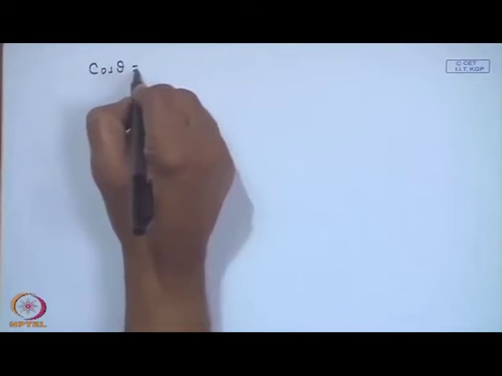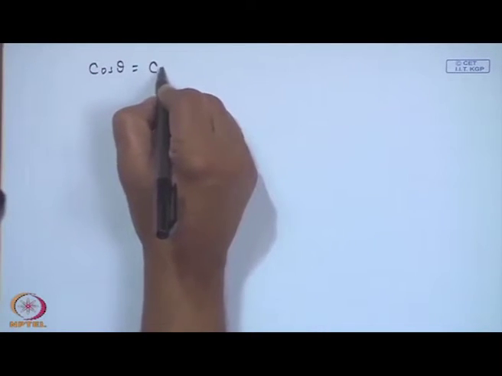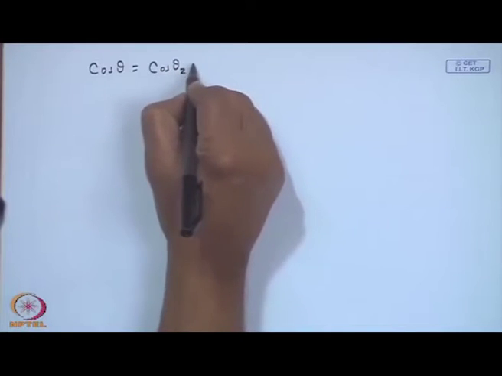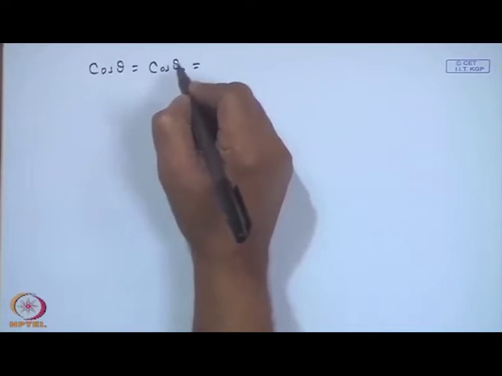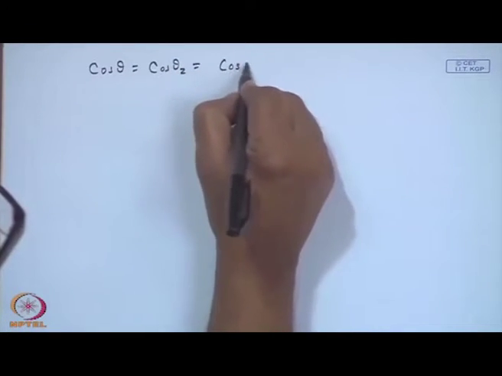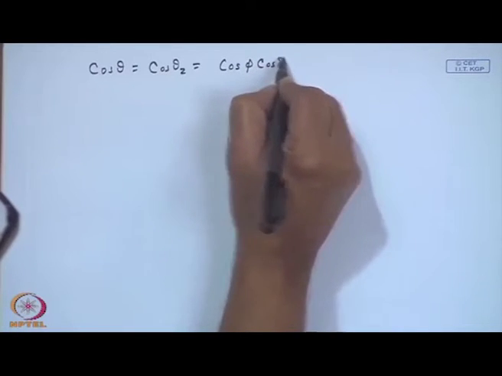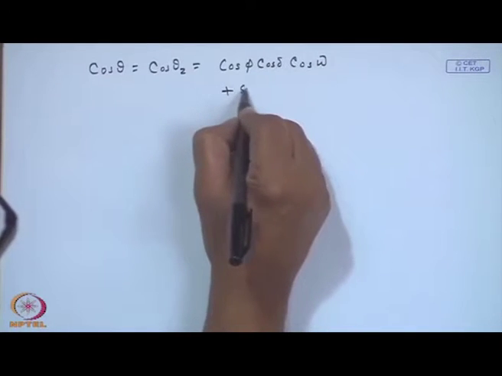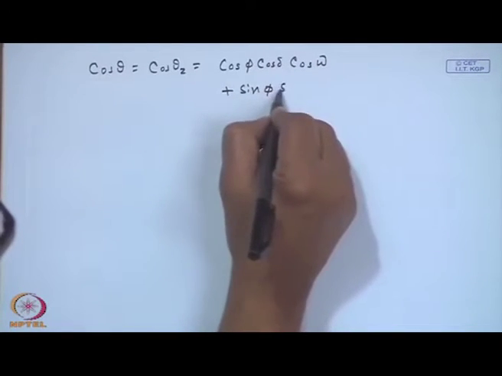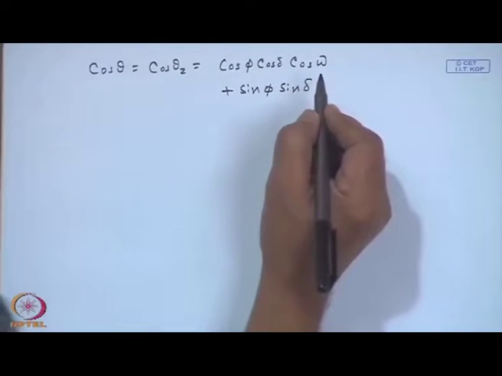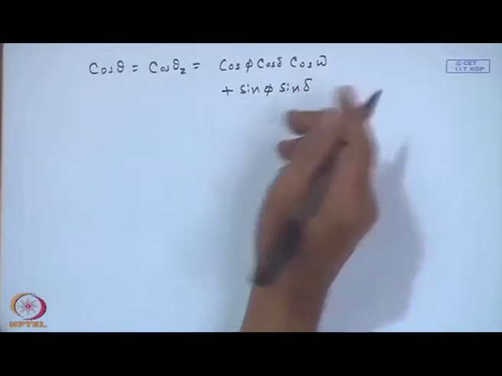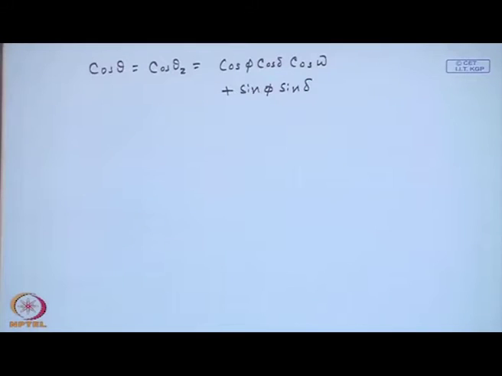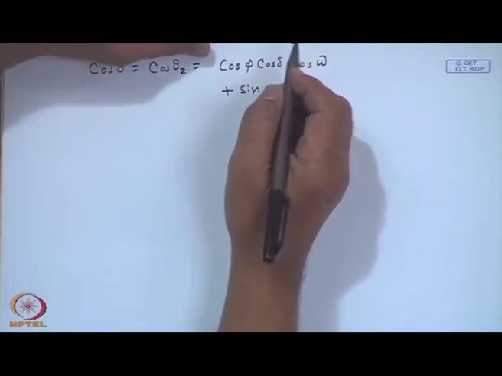So, you have cos theta for a horizontal surface equal to the zenith angle, cos theta z, which is cos phi cos delta cos omega plus sin phi sin delta.